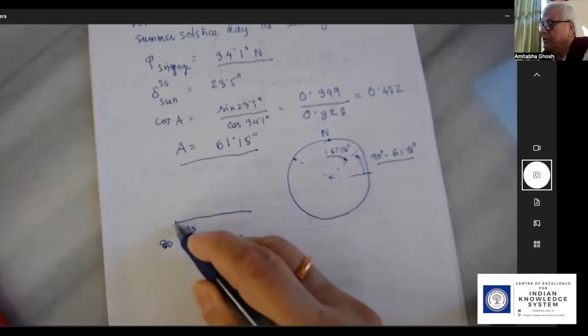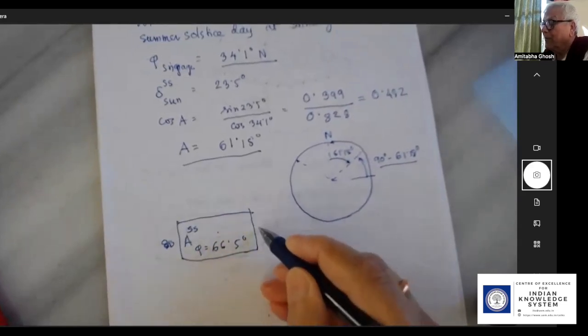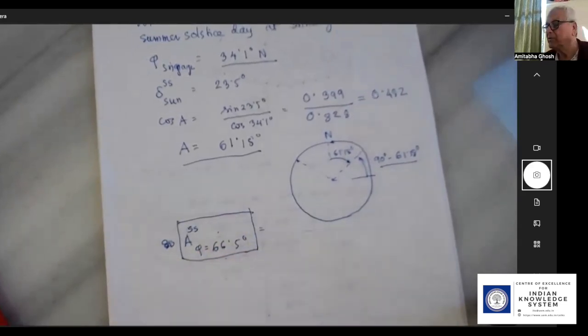What will be this? It will be interesting. What is this latitude? This latitude is the latitude of the Arctic Circle.